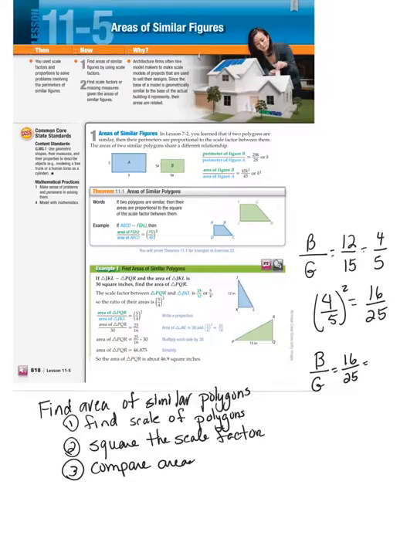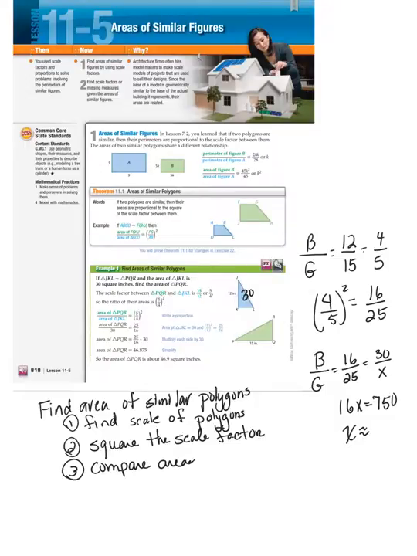So in this particular case, it tells me that my area for the blue is 30. So 16 is to 25 as 30 is to x. So 16x equals 30 times 25. 750. Then divide both sides by 16.